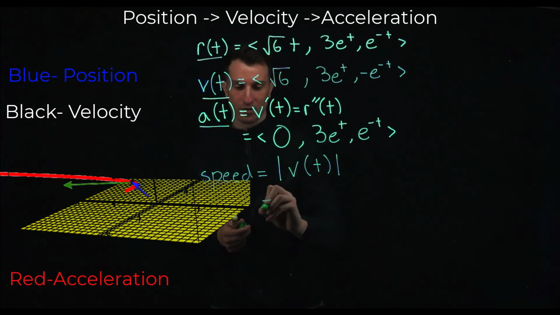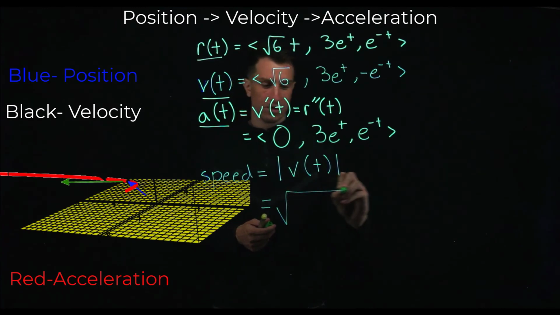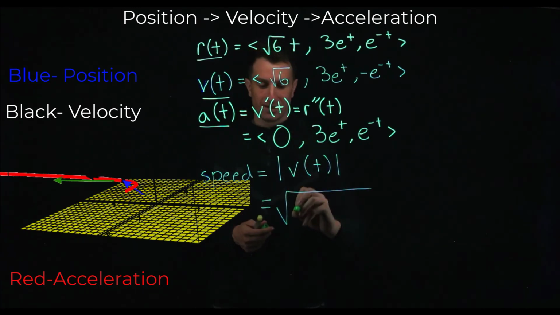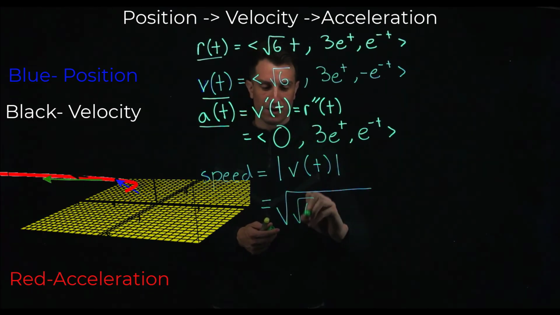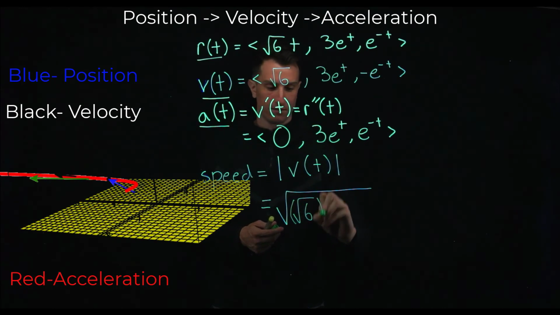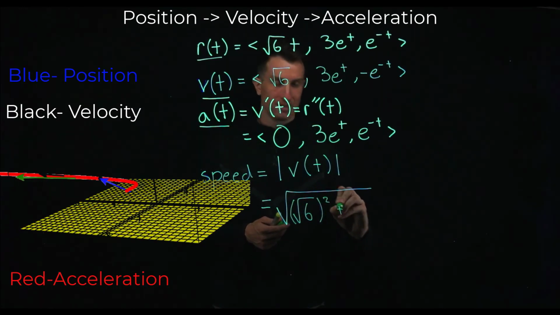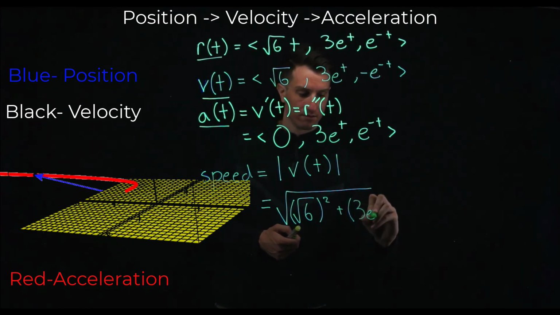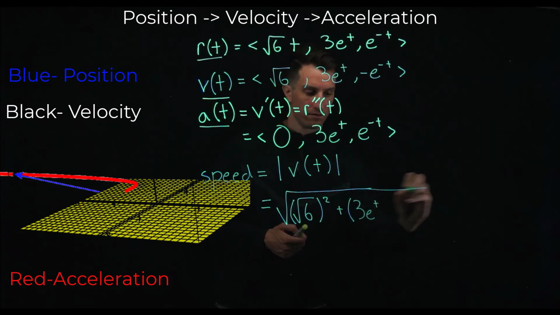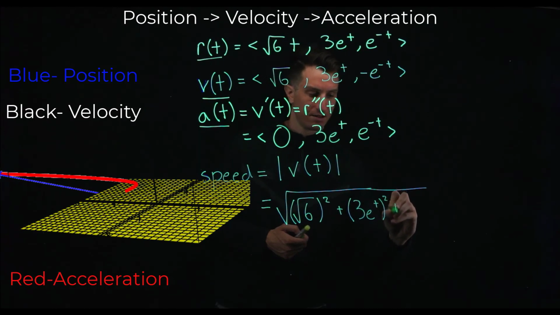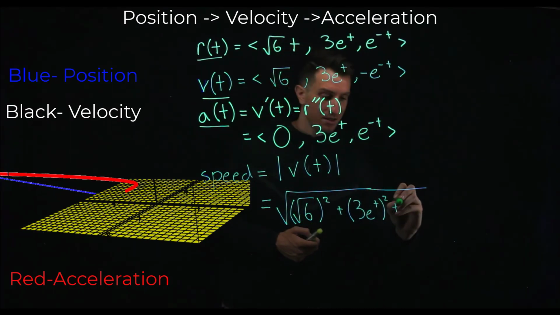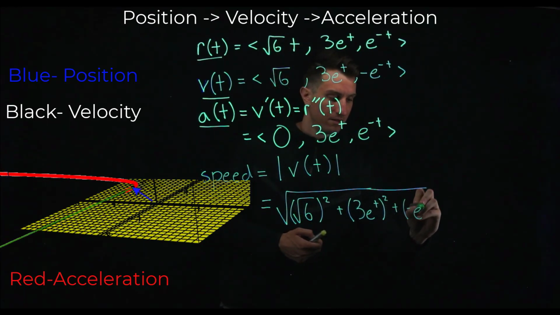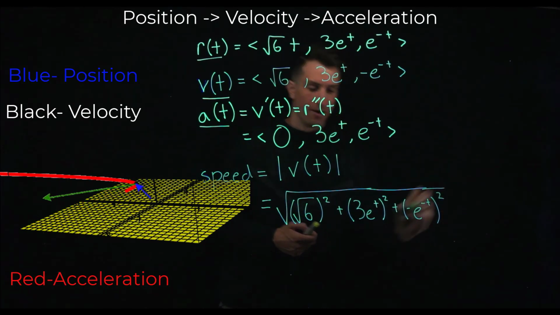So this is equal to the square root of root 6 squared, and we'll do it piece by piece here. Squared, plus we have 3e to the t squared, plus negative e to the negative t squared.